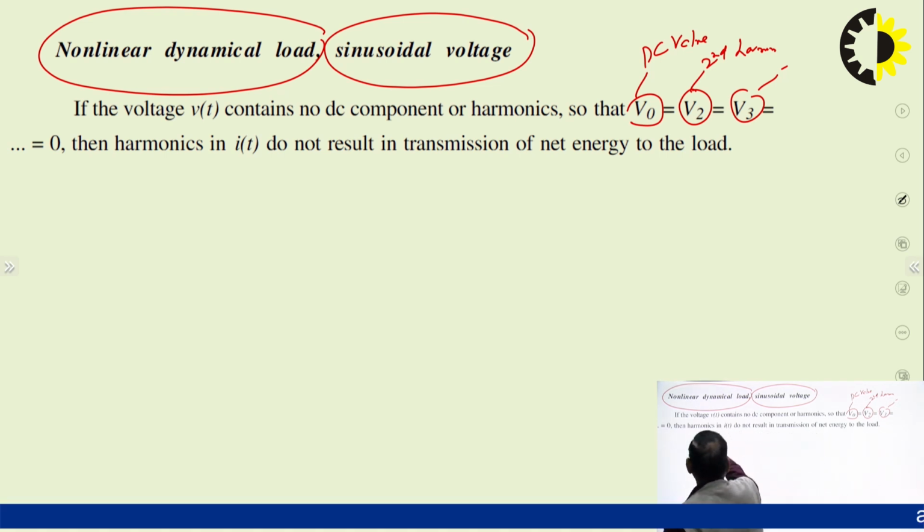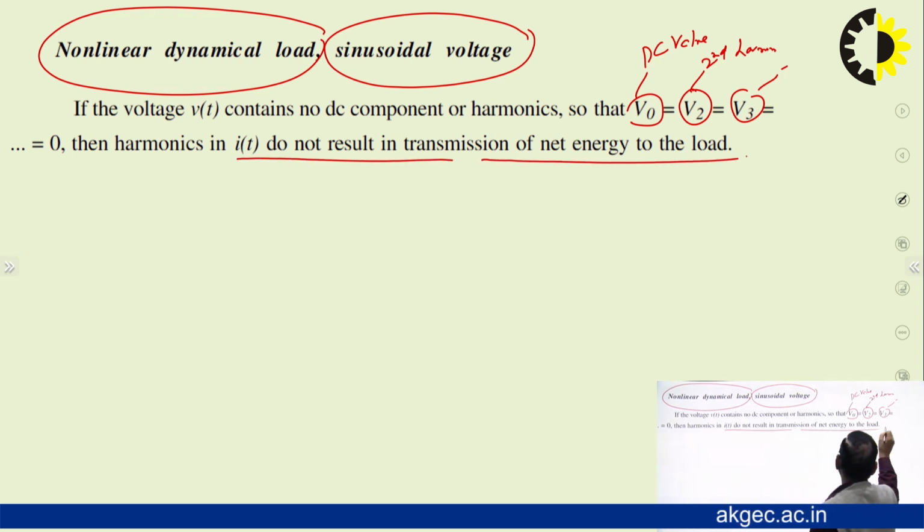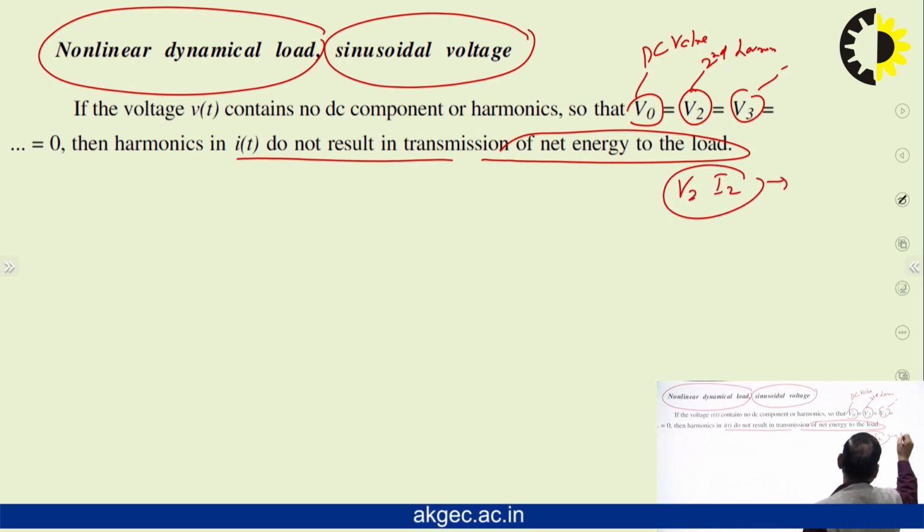The harmonics in the current do not result in transmission of net energy to the load, because the product V2 I2 is 0, since V2 is 0, so energy transfer due to the harmonics will be 0.